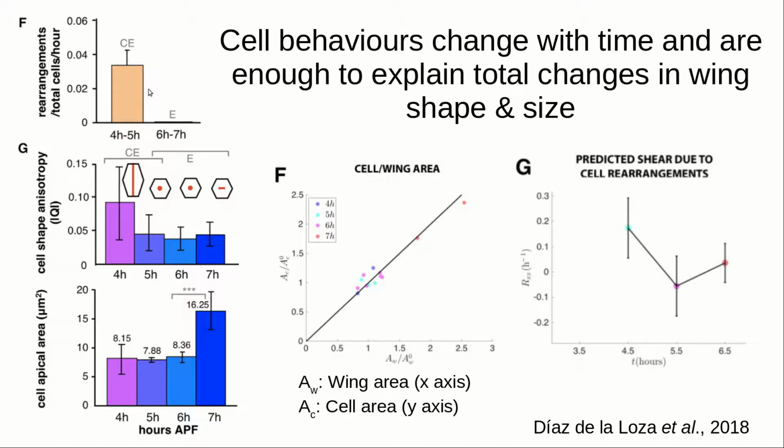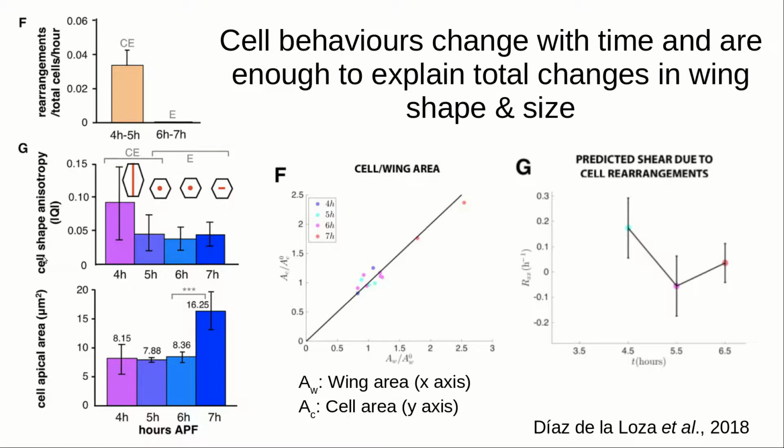In the F figure, you can see how rearrangement or T1 transition, neighbor exchange between cells, takes place mostly between 4 and 5 hours after pupae, whereas it doesn't happen a lot between 6 and 7 hours after pupae. So this change in cell neighbors is responsible or maybe contributes to the change in shape of the tissue.